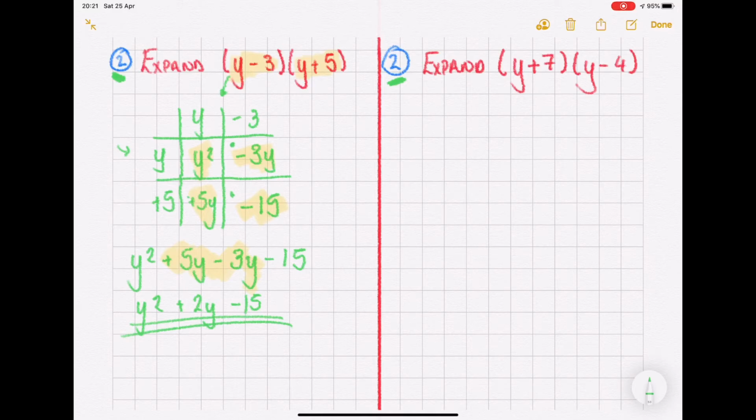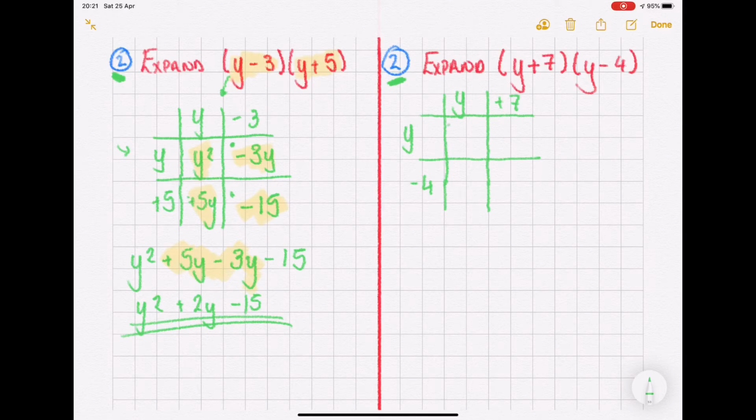Okay, so let's go through this one. Expand y plus 7 brackets y minus 4. So let's start off by doing our grid method. I'm going to put our first bracket up here, so y plus 7. And our second bracket down here, y minus 4.